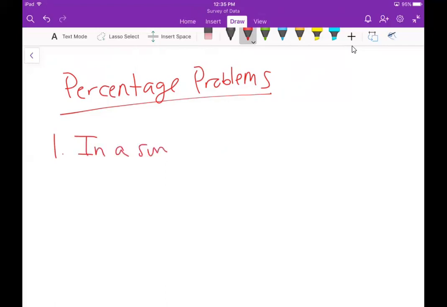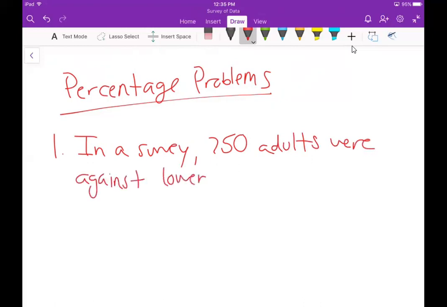is here's our example. We're going to say that in a survey, 750 adults were against lowering the drinking age to 18.